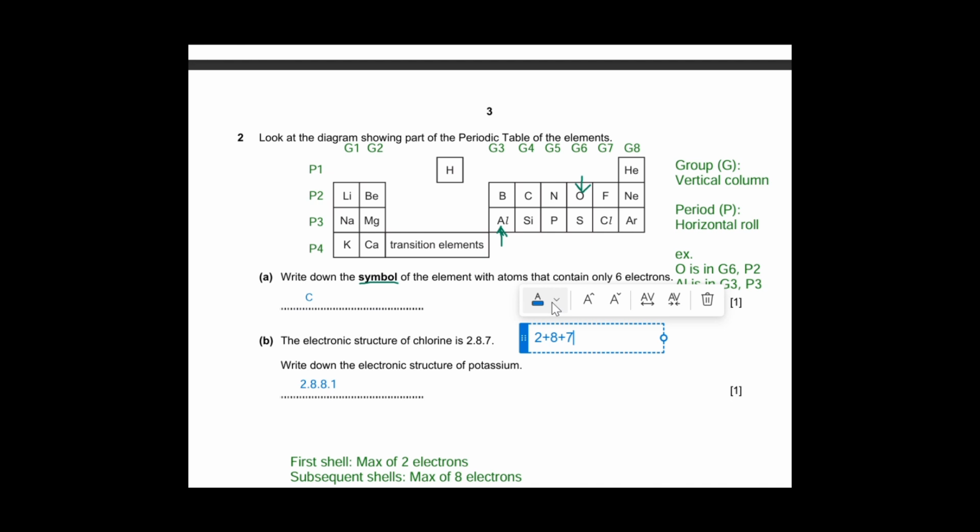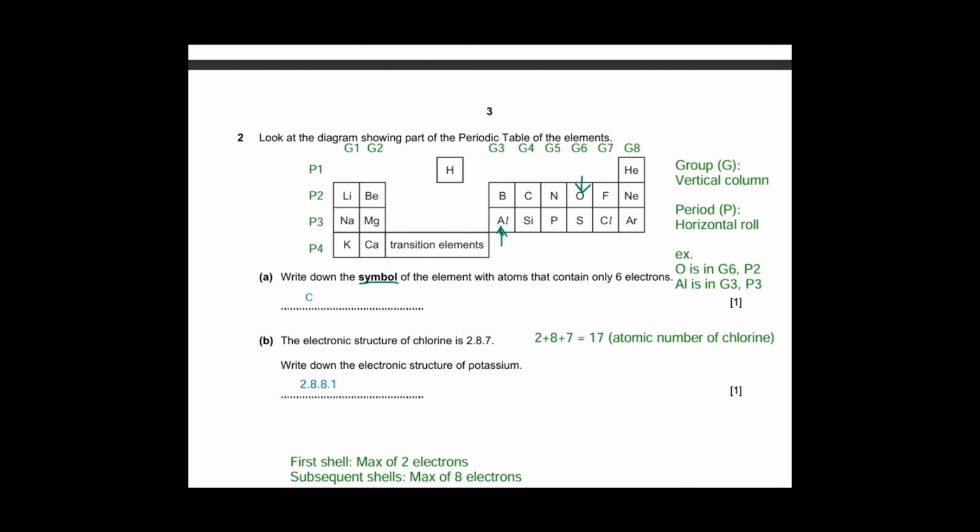So if I add up all of this, it will give me 17. And of course, that's the atomic number of chlorine. Atomic number of chlorine is 17. So it is very important for us to remember this when writing electronic configuration.